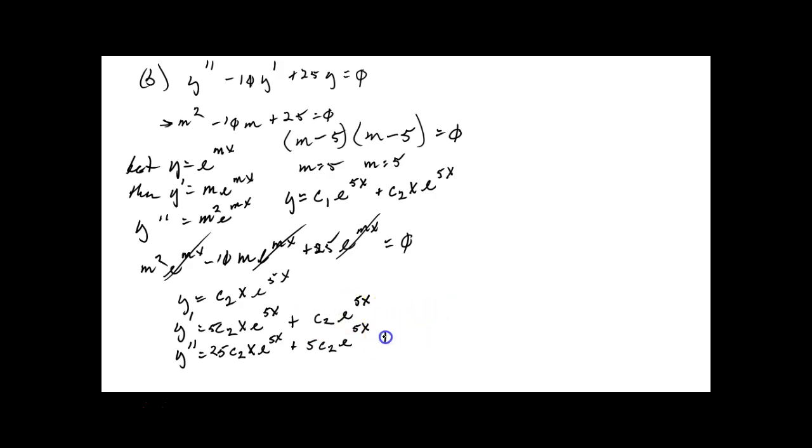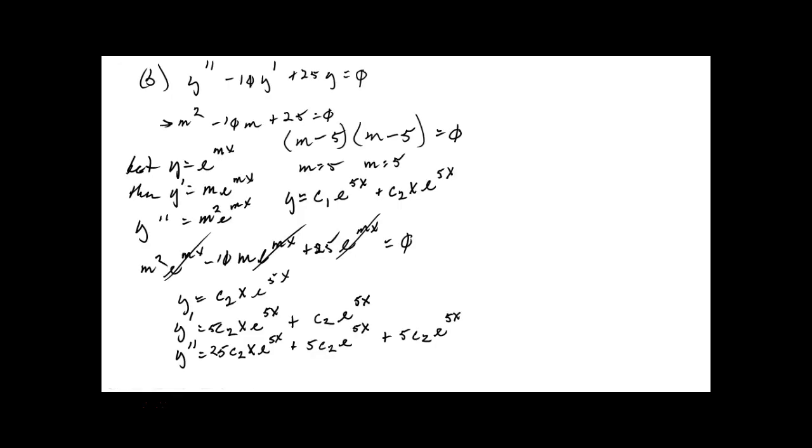And then the last one is just plus 5C2 e to the 5x. This one is 5C2 5x. Well, these two make 10, right? So let's simplify that a little bit and do 25C2x e to the 5x plus 10C2.